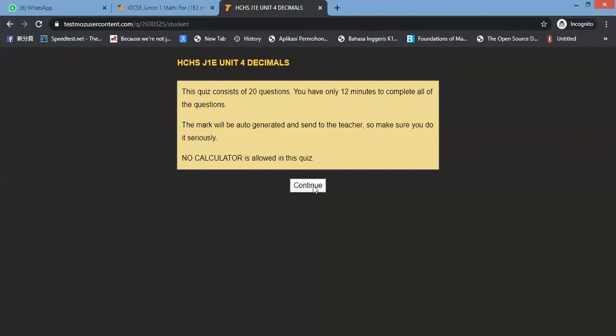All the marks will be auto-generated. The system will directly help me mark your answers, and you are not allowed to use a calculator. This quiz will cover the first part only, so go back to your notes.